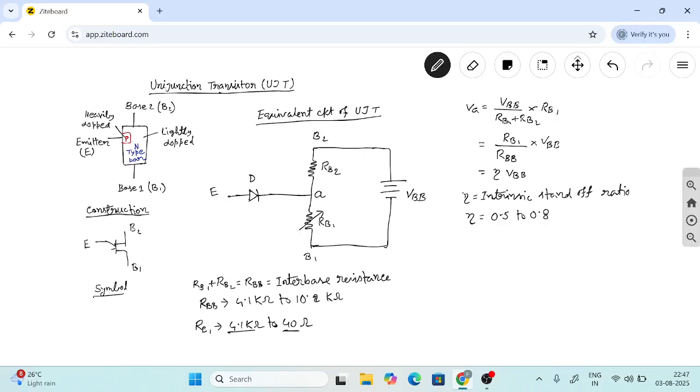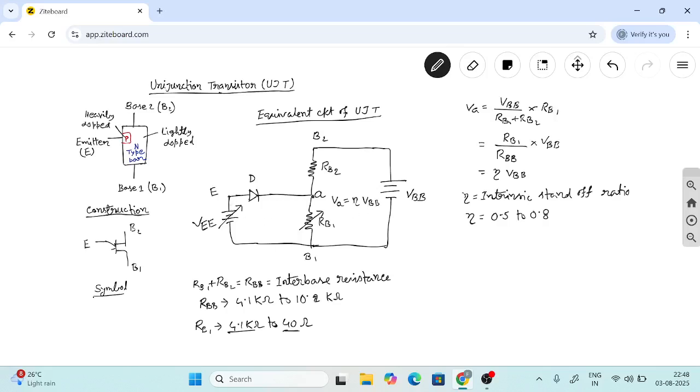Now a variable voltage, VEE, is connected between emitter and base B1. When VE is less than VA, here the potential at point A, VA, is equal to eta VBB.